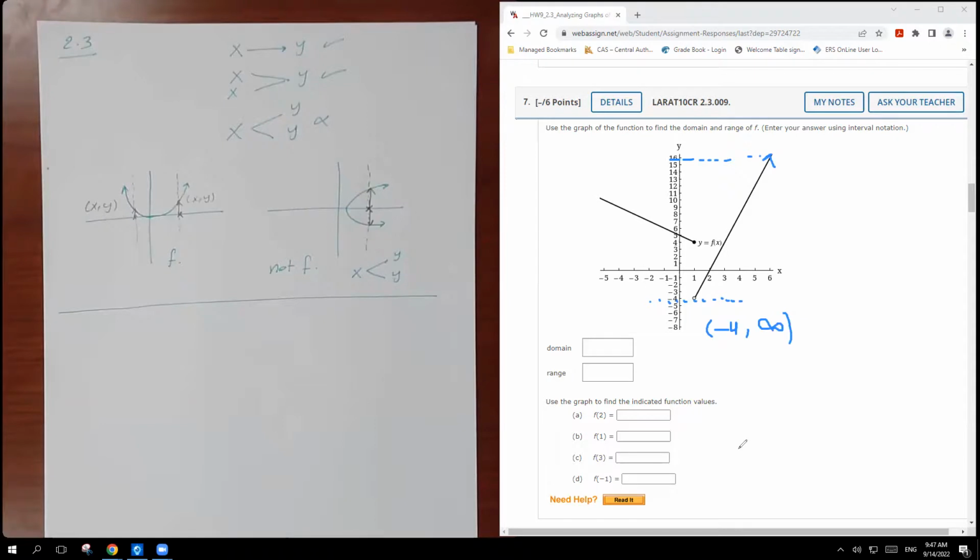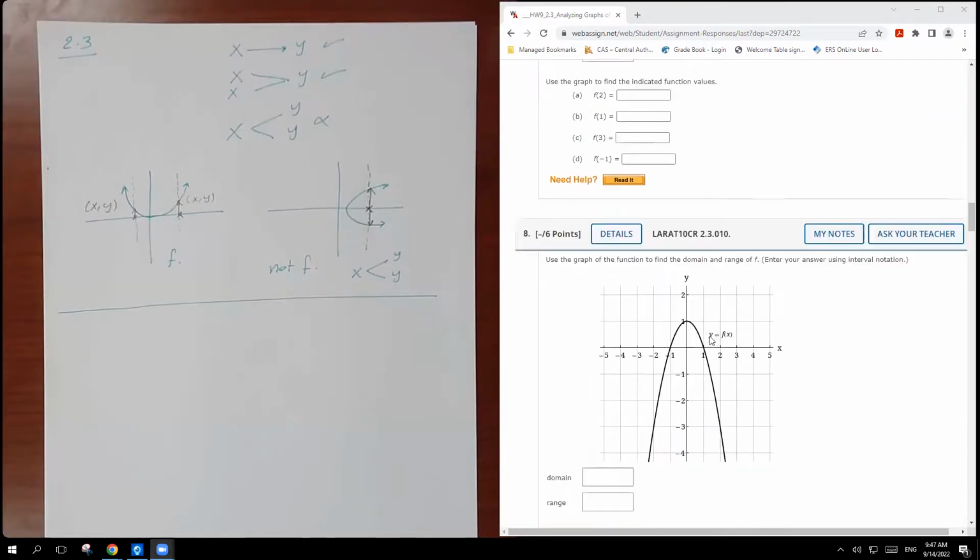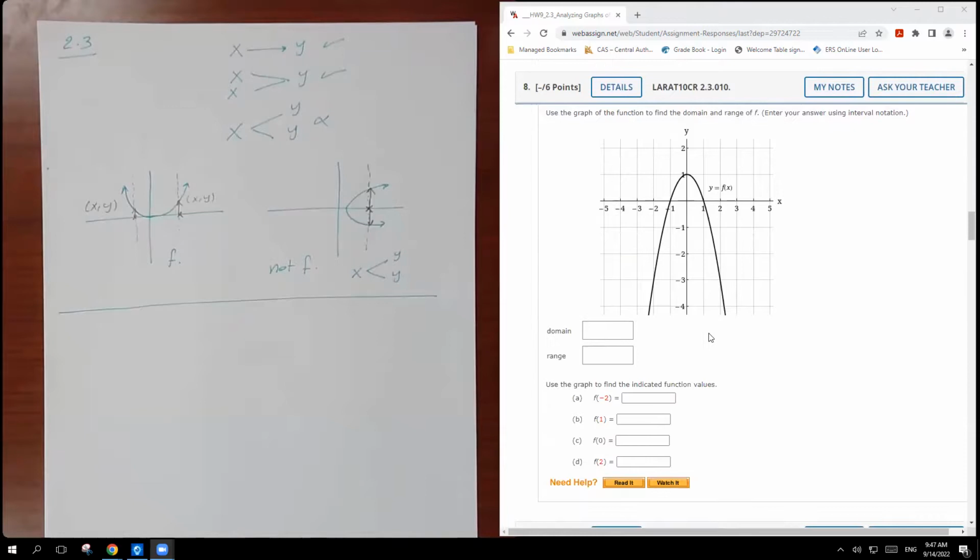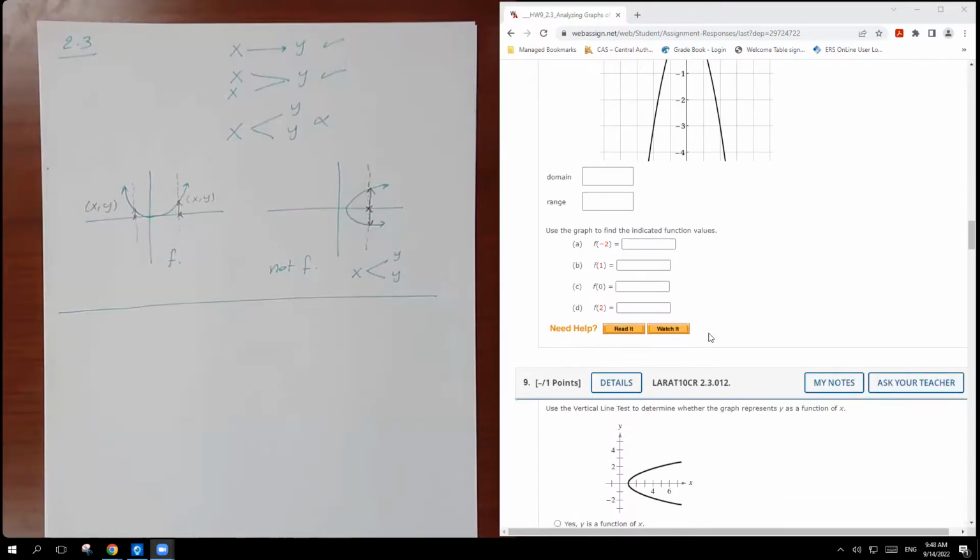So that's the range, and the domain is from negative infinity to infinity. To find these, it's exactly the same thing we did in the previous example. One more thing, which is this one, exactly the same thing as the previous example.